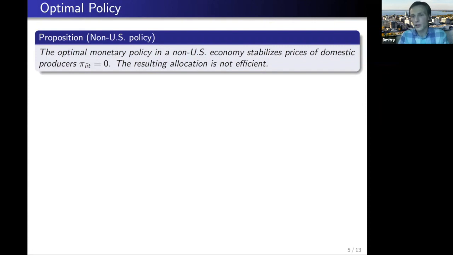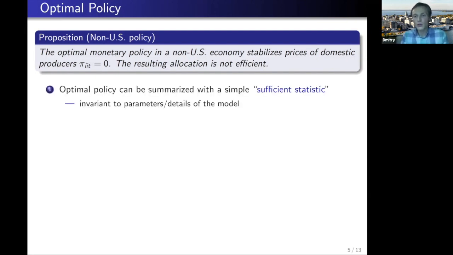It turns out that the optimal non-US policy still stabilizes prices of domestic producers, even though the resulting allocation is no longer efficient. I'm going to explain the intuition, but before I do that, let me make sure that we all understand what this result says. The first thing to notice is that it is an extremely simple policy.